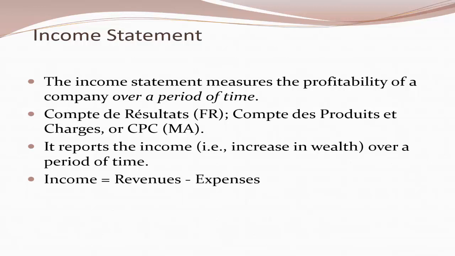We can say in French compte de résultat, ou bien compte des produits et des charges, and it reports the income over a period of time, and usually the income is revenues minus expenses.